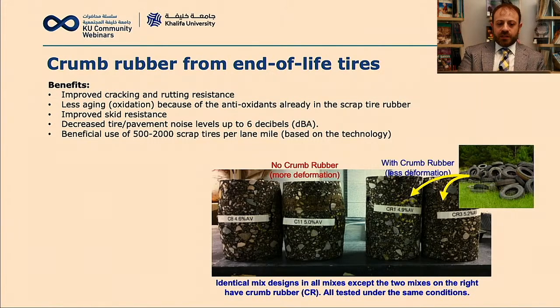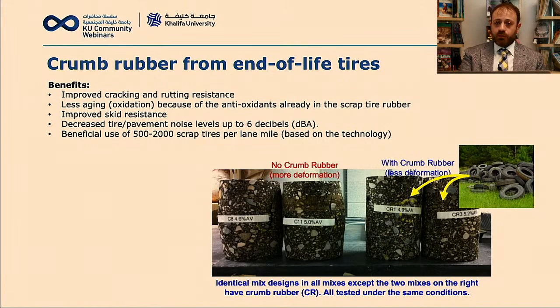Then another benefit is that we have less aging. Our HMAs tend to age during their service life, and they age because of volatilization of certain compounds inside the asphalt bitumen. But when we add crumb rubber from end-of-life tires, and these tires already include antioxidants, these antioxidants are dispersed into the bitumen, so we have less aging during the service life of our pavements.